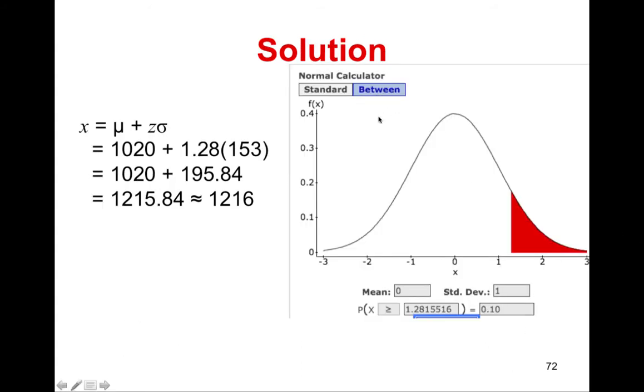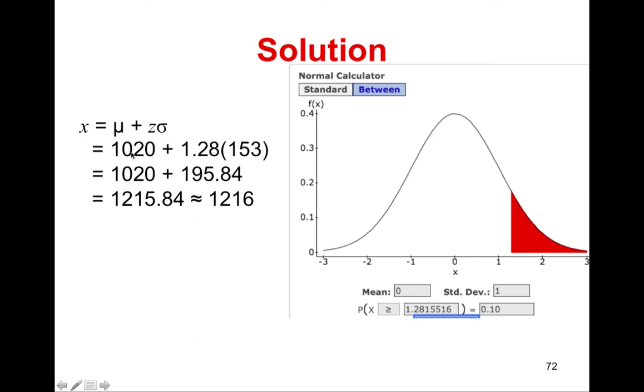So we appeal to the standard normal calculator. We're looking for the top 10% of the z-scores, greater than or equal to for the top 10% is the area. We get a z-score of 1.28. We use the formula to find the SAT score, namely the x value.